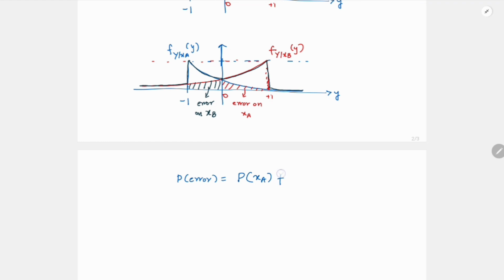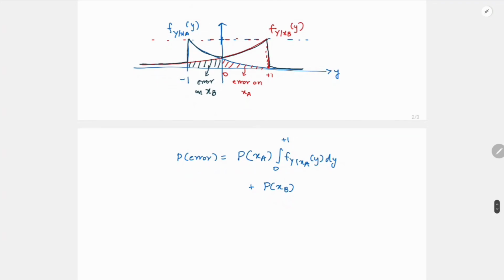So it is p of xa times the integral over this region, 0 to +1, of f of y given xa of y into dy, plus p of xb, where we are sending xb and it is getting detected as xa, which is from -1 to 0, this region, f of y given xb of y into dy.